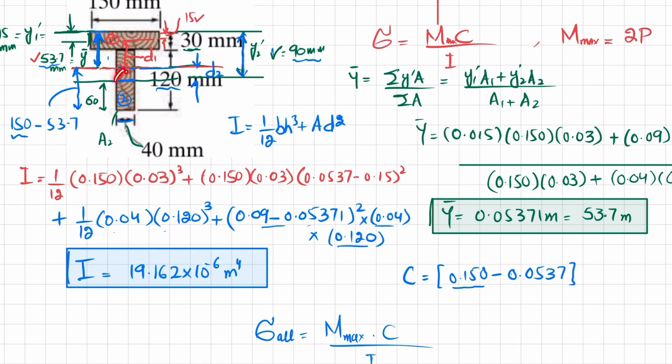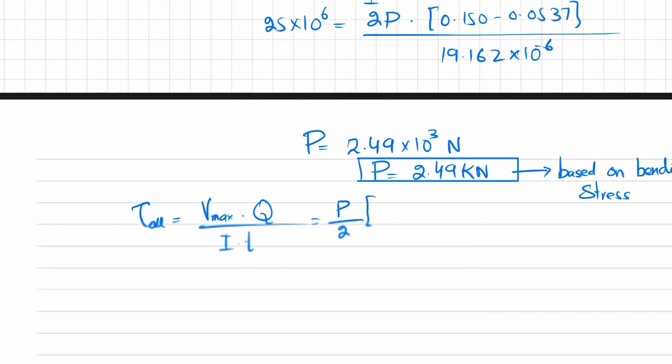So this area is equal to this distance, which is again 150 minus 53.7, into this width, and its center will be this value which we have written, divided by 2. So we will get Q.